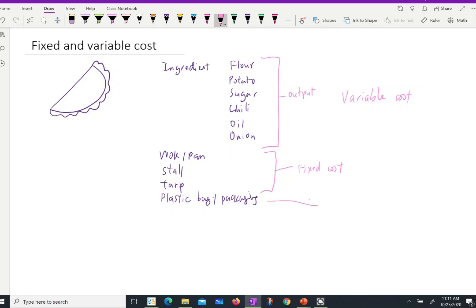And how about the plastic bag? Is it a variable cost or a fixed cost? This is linked to the variable cost. It depends on the customers that you have. This is a simple example showing the differences between fixed and variable cost.